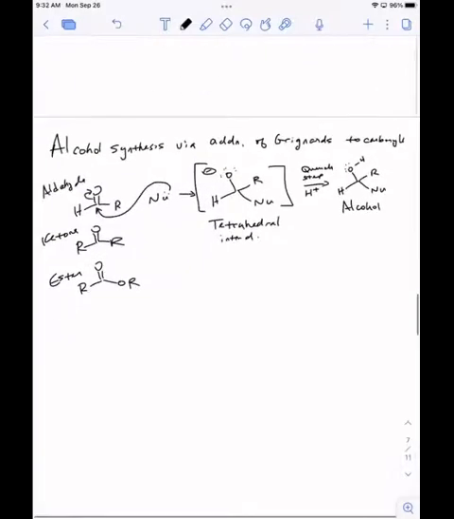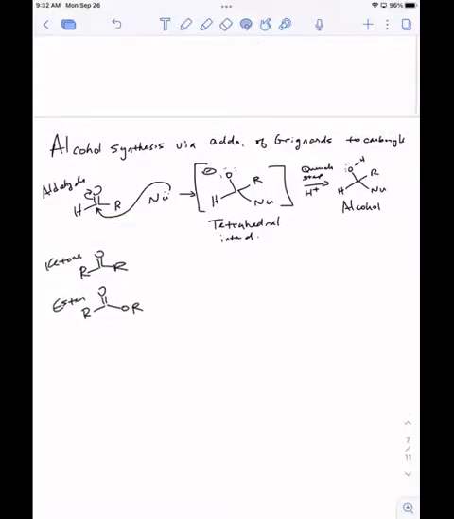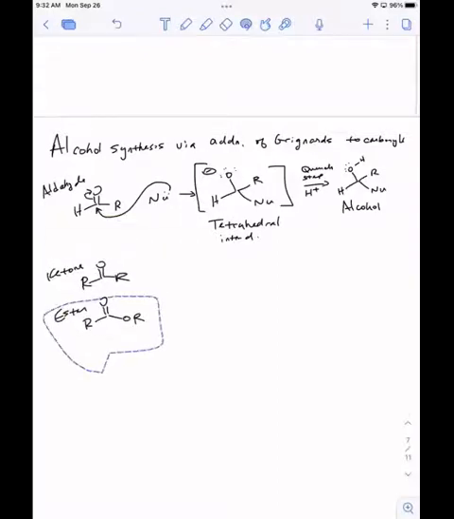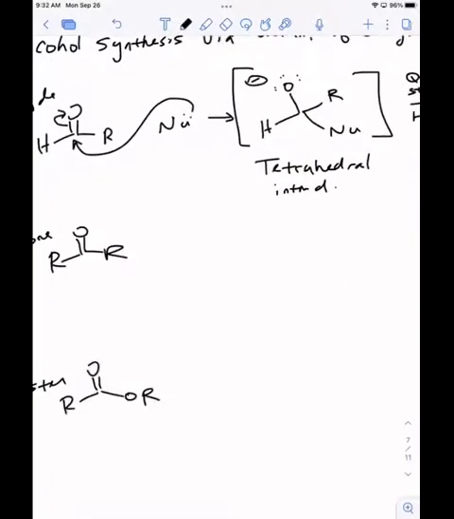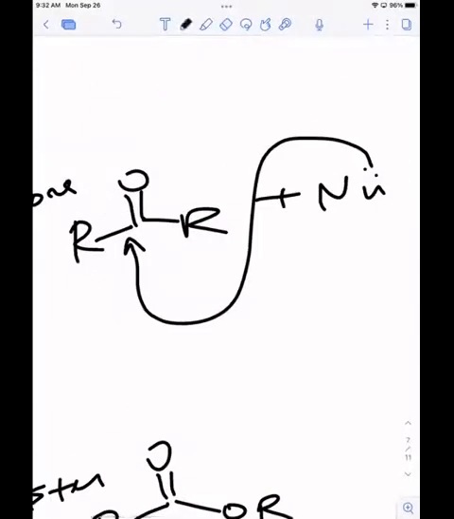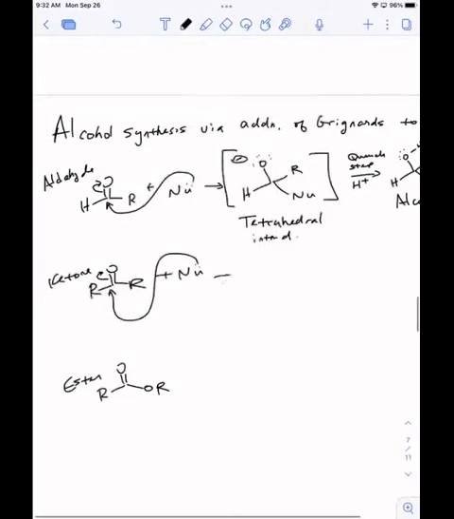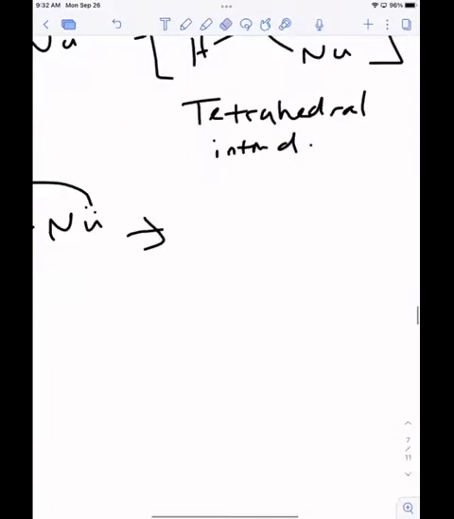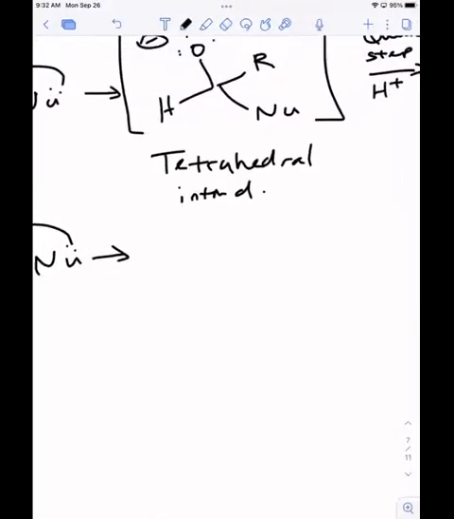Same with a ketone. Right, if I run that same reaction with a nucleophile, in this case, my nucleophile, I'm assuming it to be a Grignard, right? The same thing is going to happen. This is going to attack here. And I'm going to get this tetrahedral intermediate.